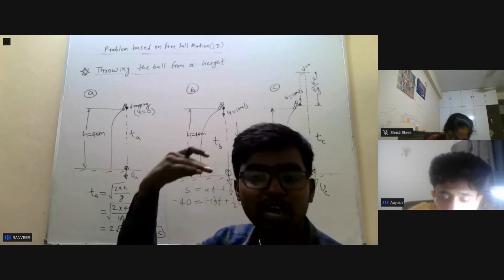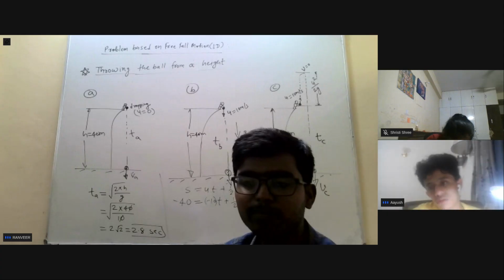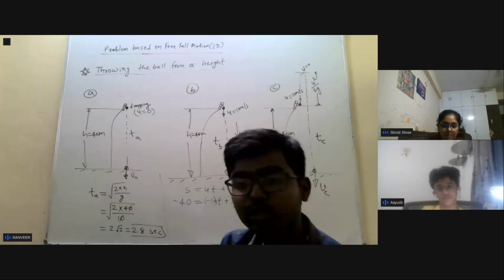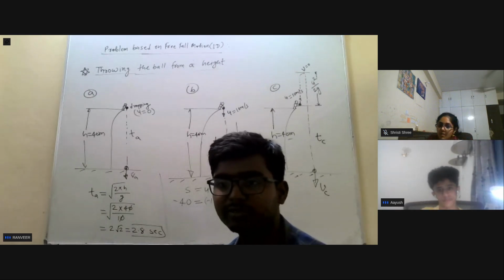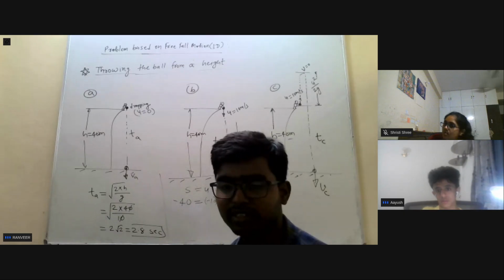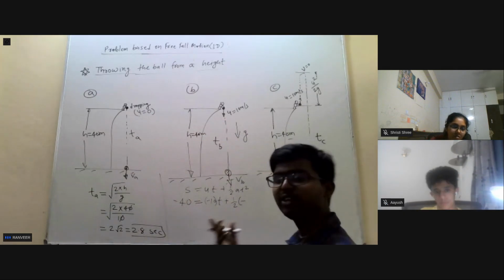If you are taking all upward direction positive, then downward should be negative. And within a problem, you should not change it. So here I can take all downward positive also, and we'll get the same answer.